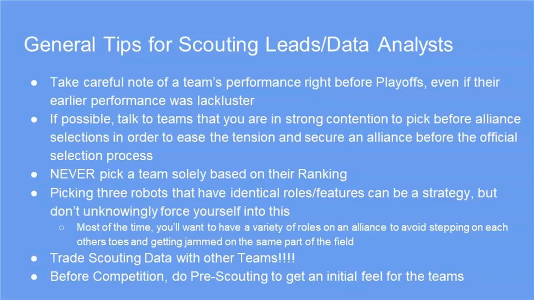Another more strategic tip that might play into scouting is when deciding who to pick, think about overall team composition. It'll be tempting to pick 3 high shooting bots so that you can pummel in those 3-pointers and get as many points as possible.